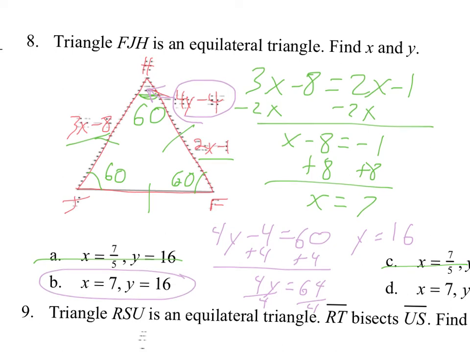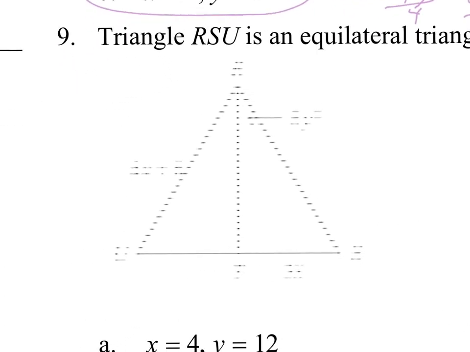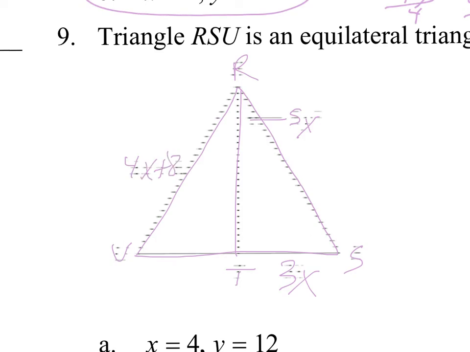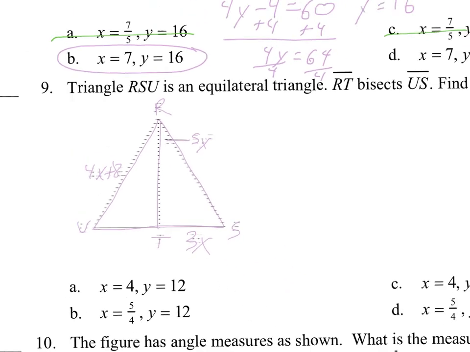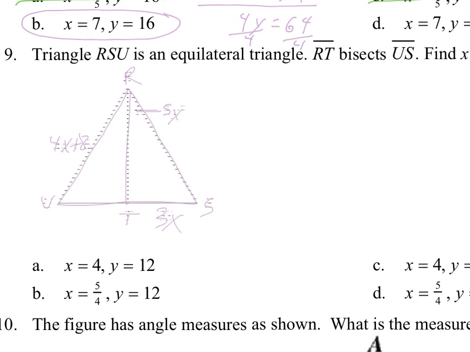Okay, let's look at number 9. Again, let's relabel this triangle since it's hard to read. So the question gives us the information that RT bisects US.